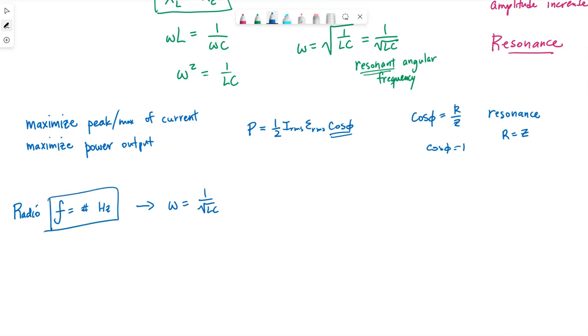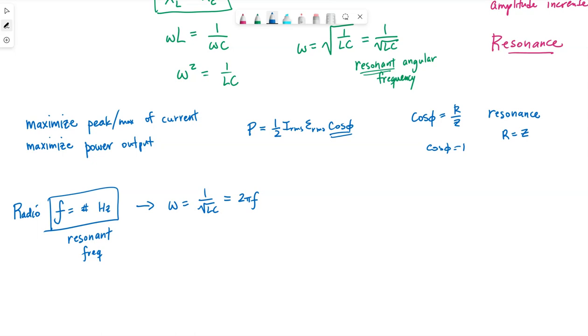If the radio station you want to listen to matches the resonant frequency of your circuit, it will cause the largest amount of current flow, which in turn is what your radio circuitry picks up and you listen to. So we can directly relate that frequency to omega. Omega is just a unit conversion. Omega is in radians per second, frequency is in hertz. So to convert to radians per second, we need the 2 pi.